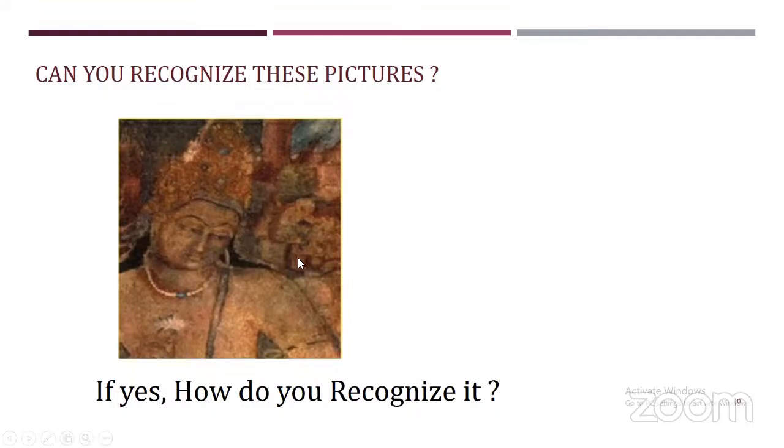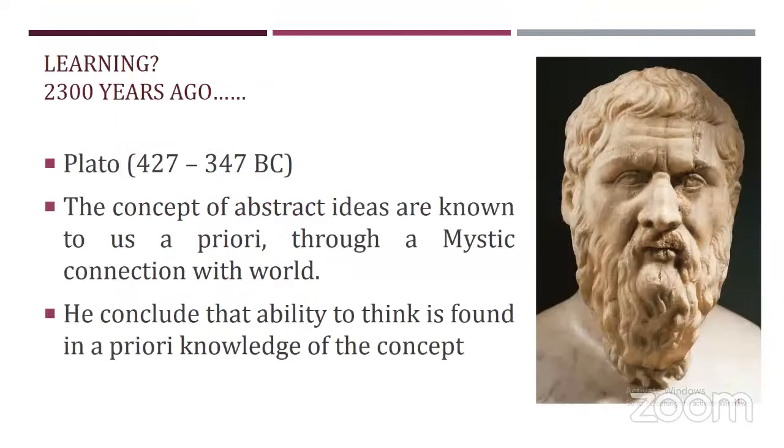Now this learning concept is not a very new concept. This concept was introduced by Plato, nearly 2300 years ago. The concept Plato gave is that whenever you are able to recognize any object, at that time you have a prior connection. When you have a prior connection with the object, you are able to recognize it.